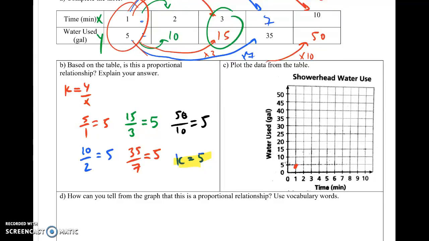That's this point. 2, 10. 3, 15. 7, 35. And 10, 50. All right, so connect the dots. And don't forget your arrow.